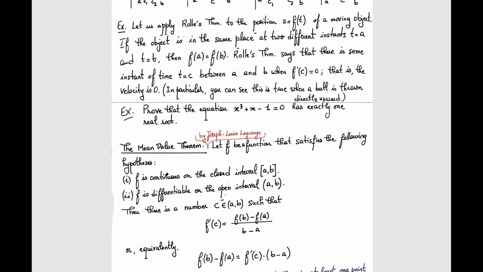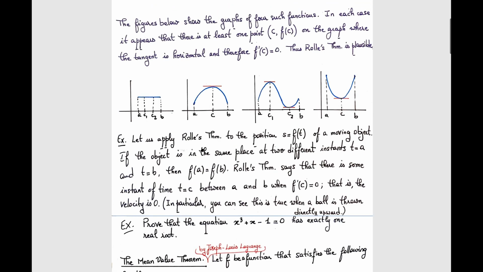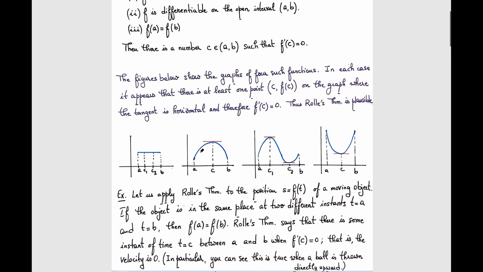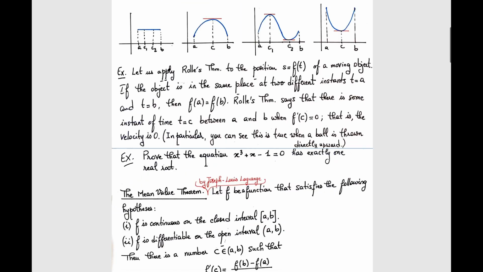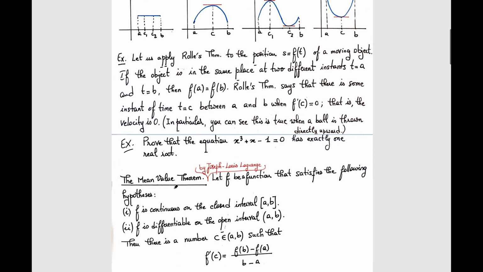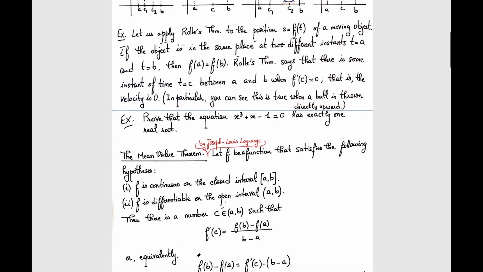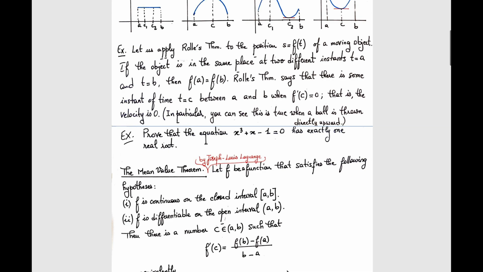I want to just highlight the fact that the mean value theorem is in some way stronger than Rolle's theorem. It looks like it, at least. Why? Because what if you assume that this holds and you assume in addition that f of a and f of b are the same?